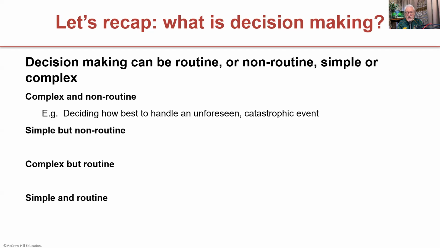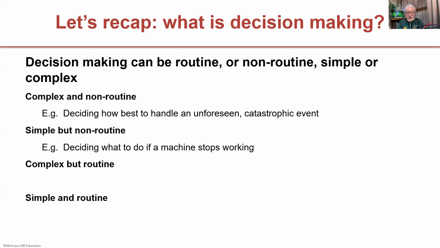So how best do you handle something which is unforeseen and something which is absolutely catastrophic? Something can be non-routine, like the COVID thing, but it can be simple. So you don't expect that your phone will stop working if it freezes, but it's a simple fix. You reboot the thing.